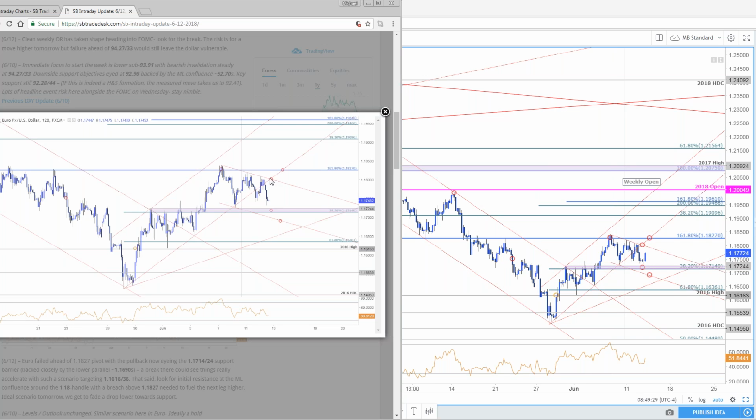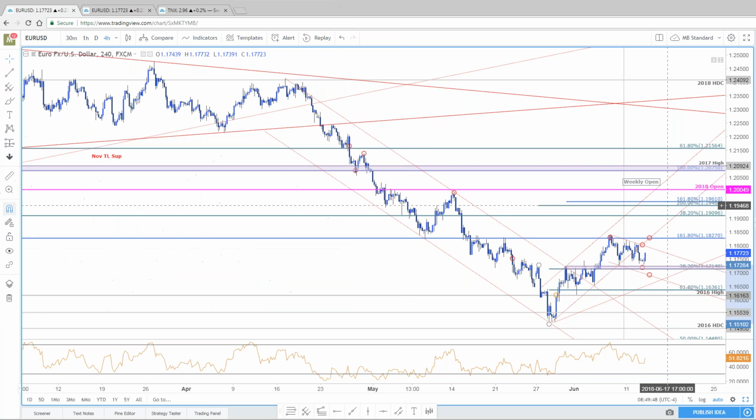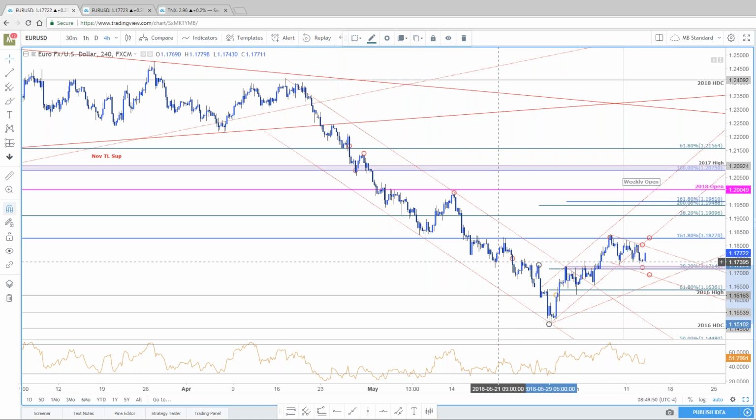On the way up, okay, this is kind of the region that we need to clear. 118.27, the high that we made, the opening range highs for the week. That's going to be the break that fuels the next leg up. 119, okay. Next on the intraday chart, you have 119.45, 119.61. This 200% move here, this is the measured move for the possible inverse head and shoulders that we were looking at earlier.